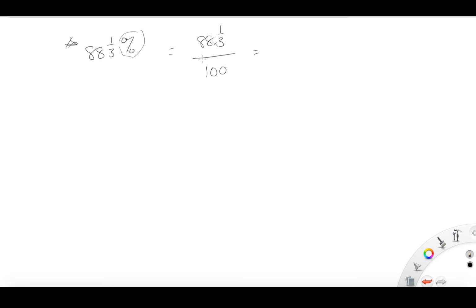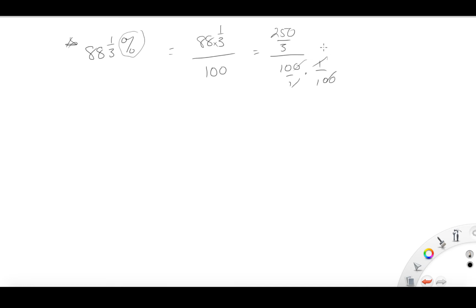So, what is 88 times 3 plus 1? You'll find that that's 265 over 3, over 100, and then remember we put it over 1 so that we can multiply by the reciprocal.